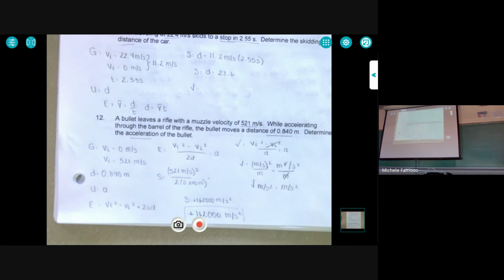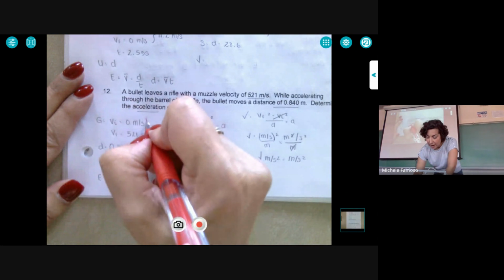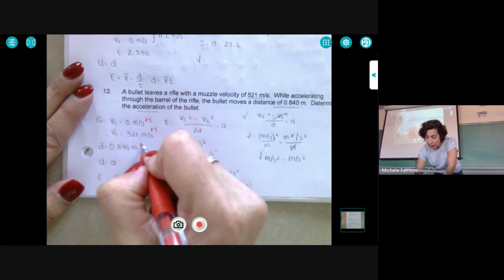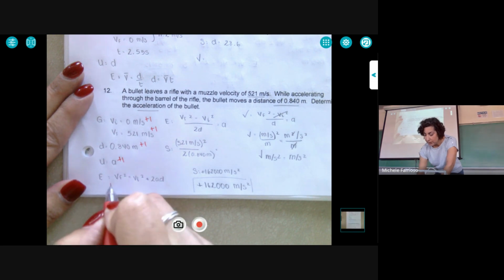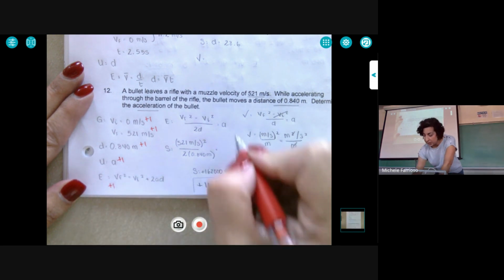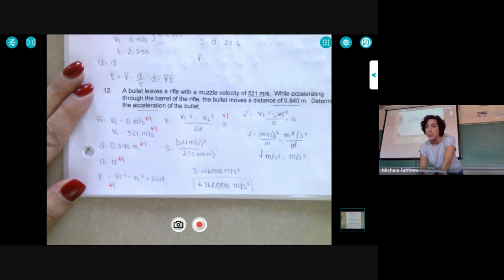That would be, I'll tell you, I'm just going to write on your paper for a minute, if that's all right. Okay, so I'm going to show you how this gets graded. Each given on the test is worth a point. The correct unknown is a point. The correct equation is a point. The correct algebraic manipulation is a point.